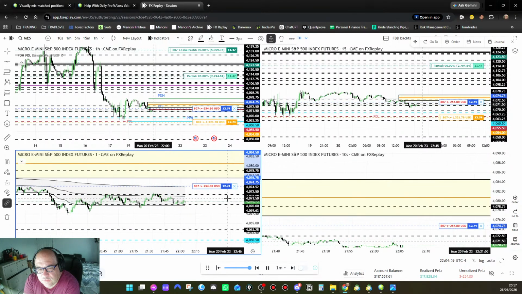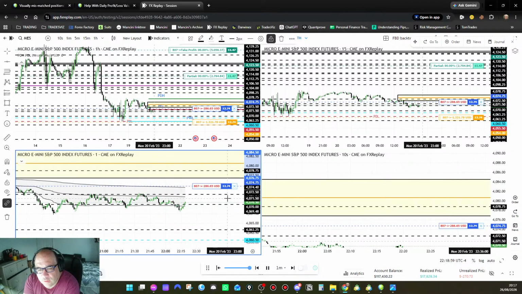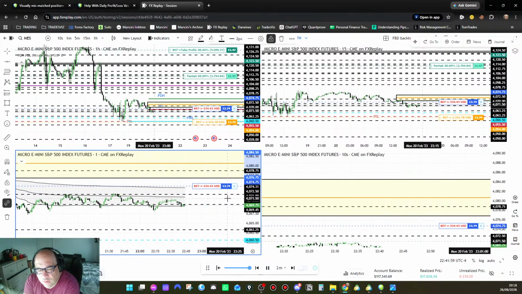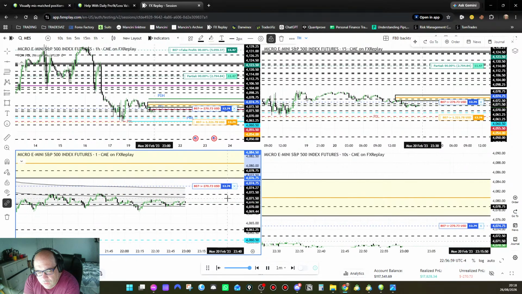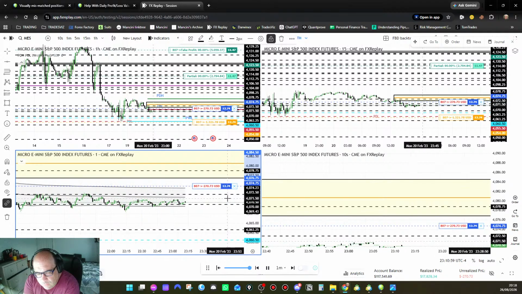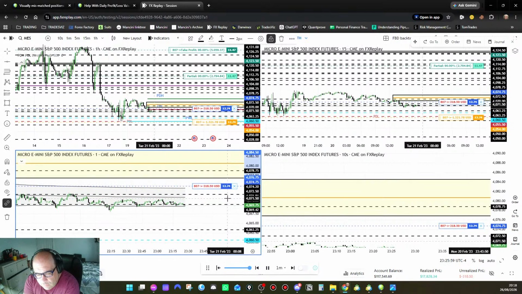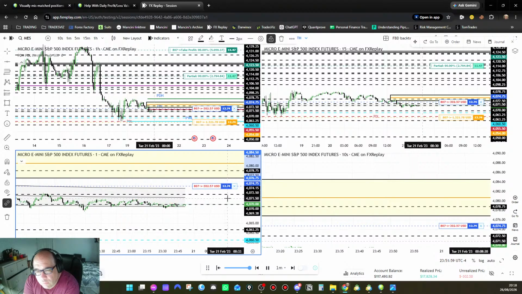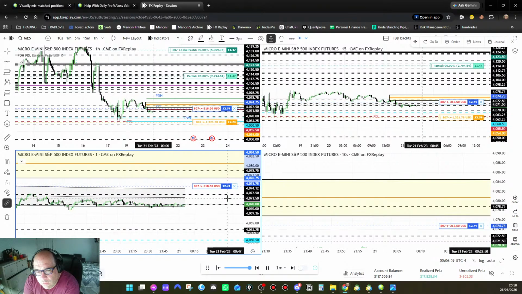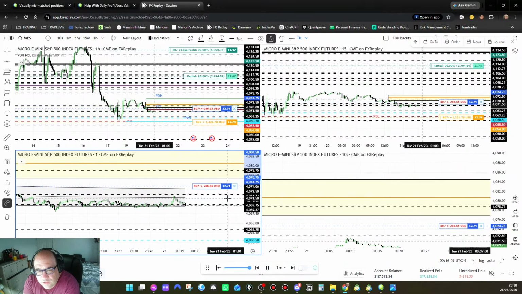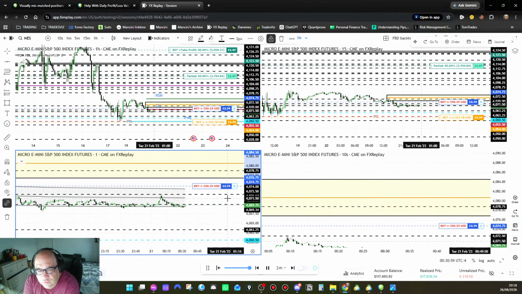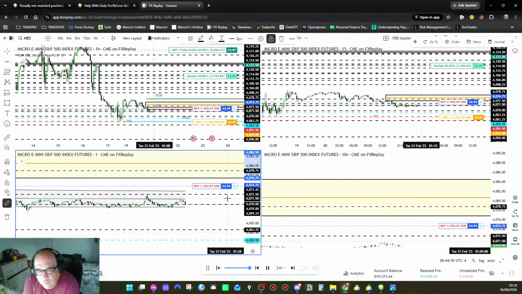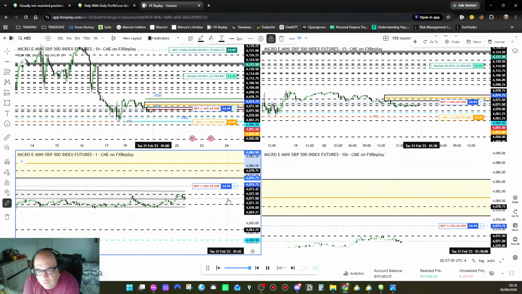So we're still flagging. So now price is grinding down. It's going maybe for a second retest of the lows. Let's see.